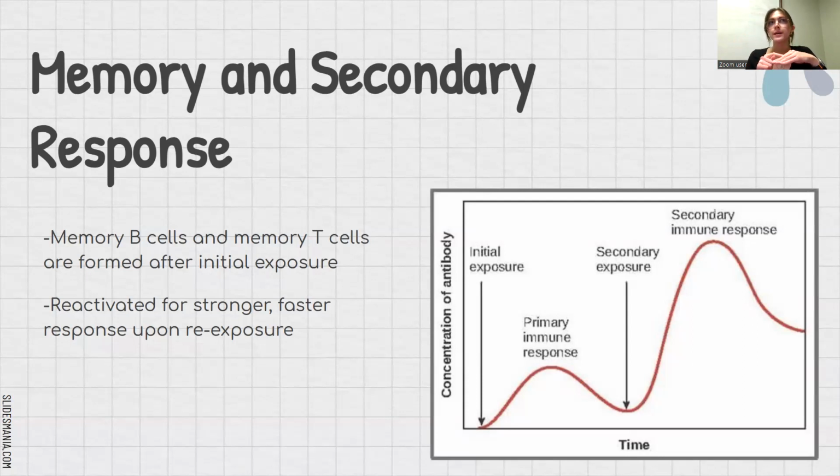So if you get a different bacterial infection, they won't respond to it. But if you get that same one again, they will respond to it. They'll be reactivated and they'll recognize that same one, and they'll give a stronger and faster response in that secondary immune response.